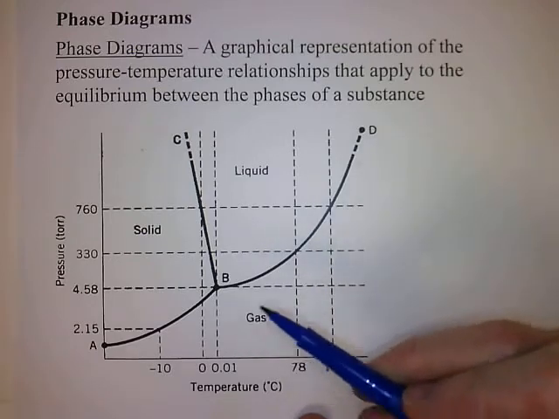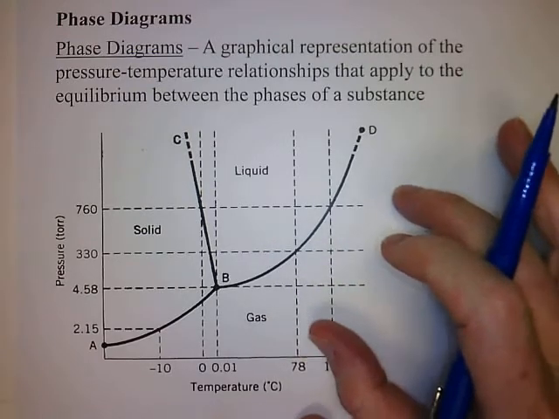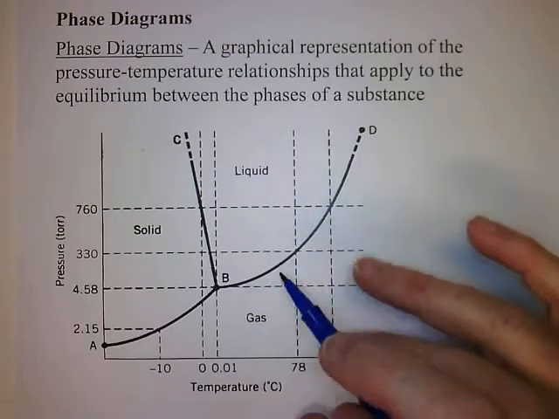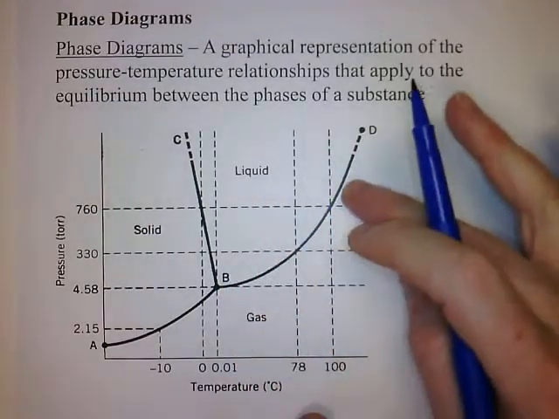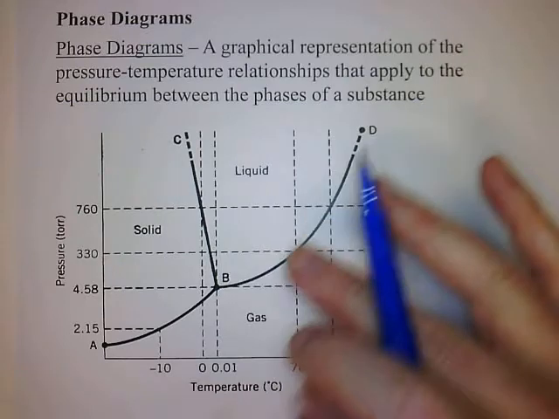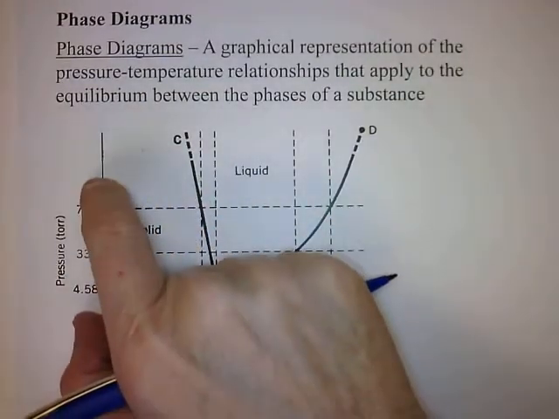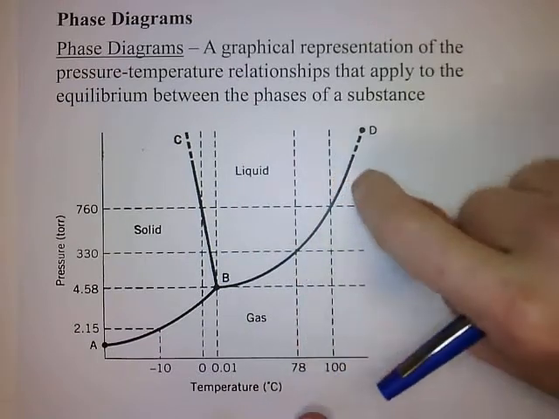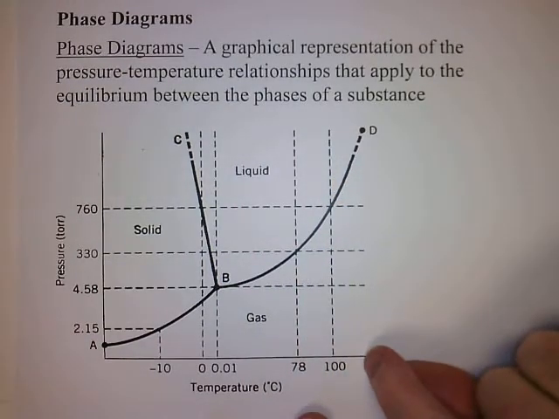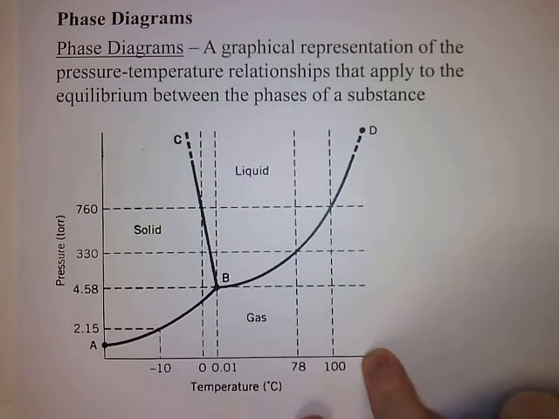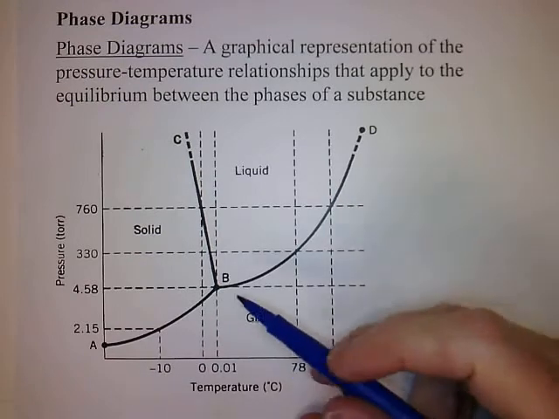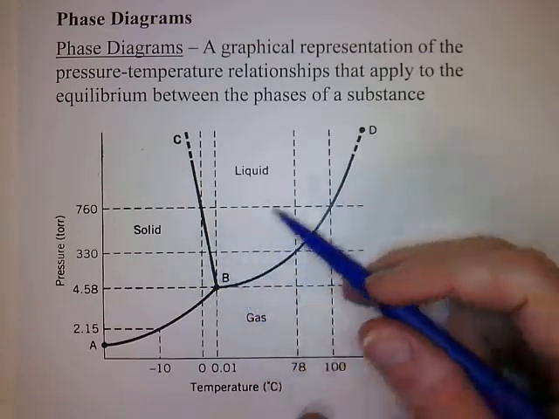It's a logarithmic curve, and that's what we're doing with the Clausius-Clapeyron equation, calculating various points along this curve. Again, that's how a pressure cooker works. We could make the water boil at a higher temperature by increasing the pressure. So if you're over 760, now your boiling point is going to be greater than 100. So curve BD is the vapor pressure of the liquid.